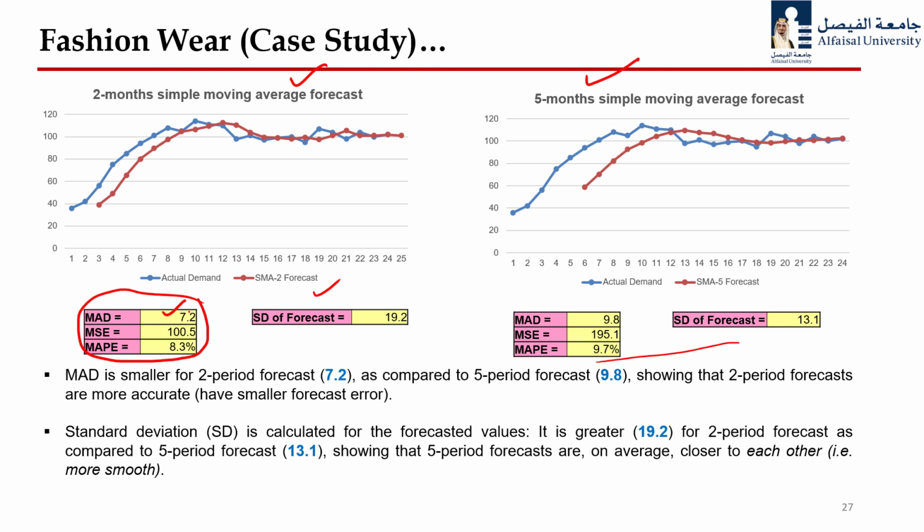The 2 months produces a smaller mean absolute deviation, smaller mean square error, and smaller mean absolute percentage error compared to 5 months. So based on the measures of forecast accuracy, the 2 months moving average method is better for this particular data set.